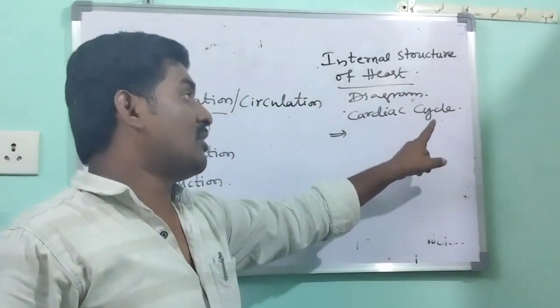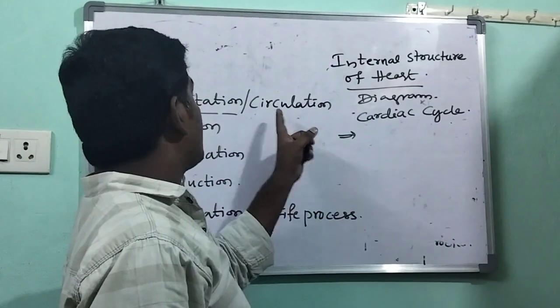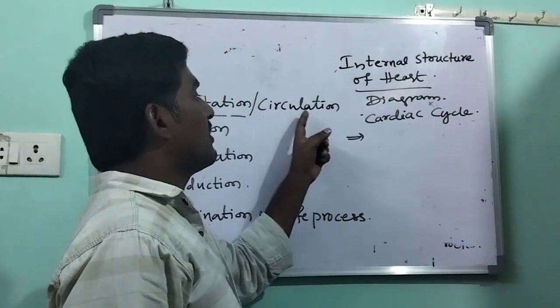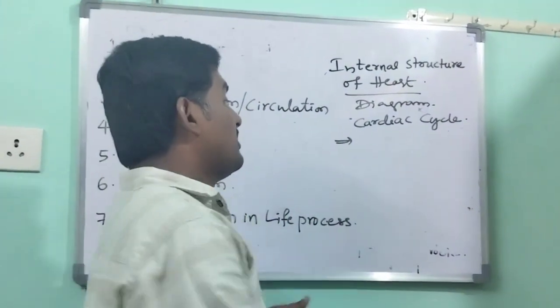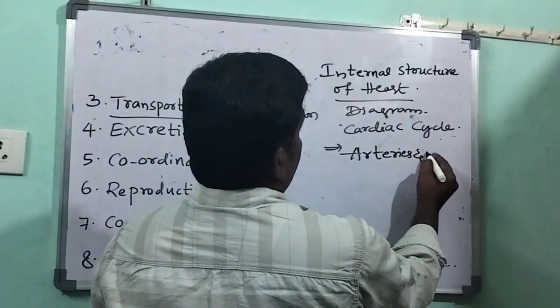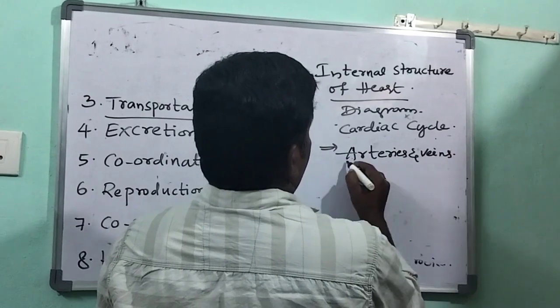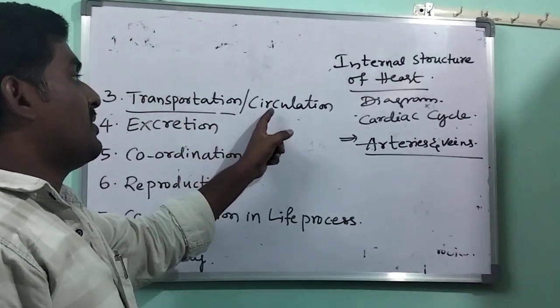Single circulation and double circulation. Okay? So these are the important topics from the transportation or circulation system. There is a 4 marks question: differentiate between arteries and veins. So these are the important topics from your transportation chapter.